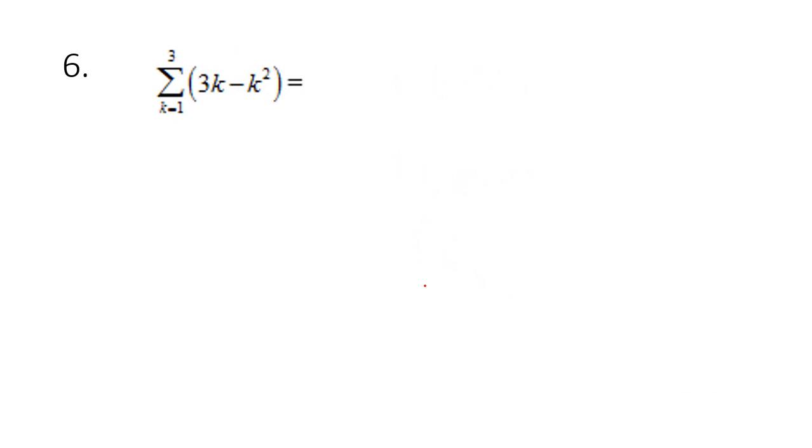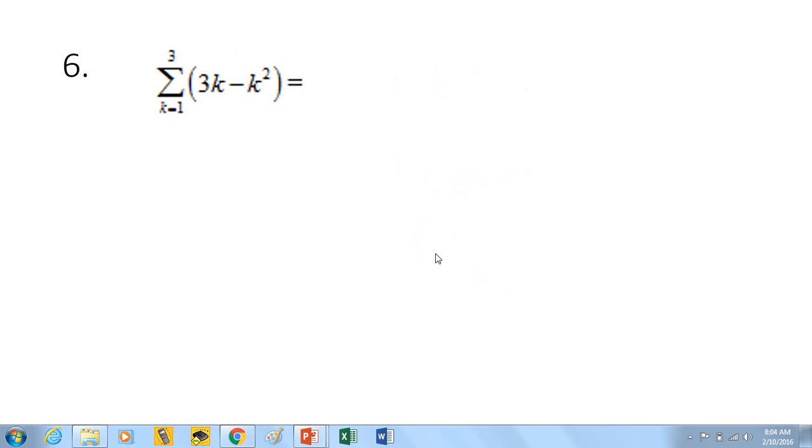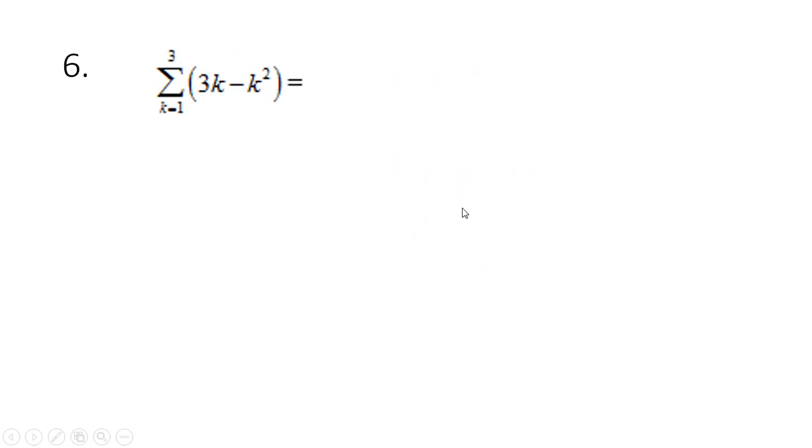Okay, here's the next problem. In this problem, there are multiple ways we could approach this. Just because I have to justify this myself, teaching you this, we could break this up to be this.